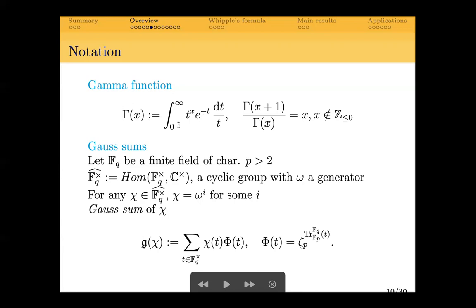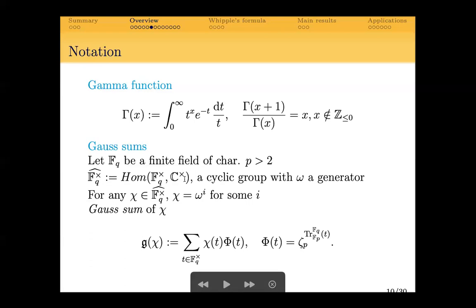So when I get to finite fields, which are the main object for today, the setting switches to F_q, a finite field of characteristic p, which I assume to be bigger than 2 for convenience. We are going to use the F_q-hat-star notation over here, which means the characters, that is, homomorphisms from the invertible elements to C or C_p, an algebraically closed field.